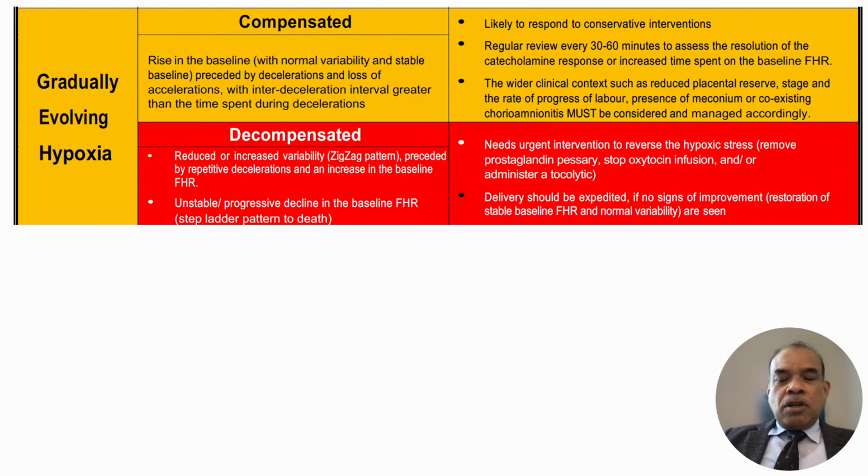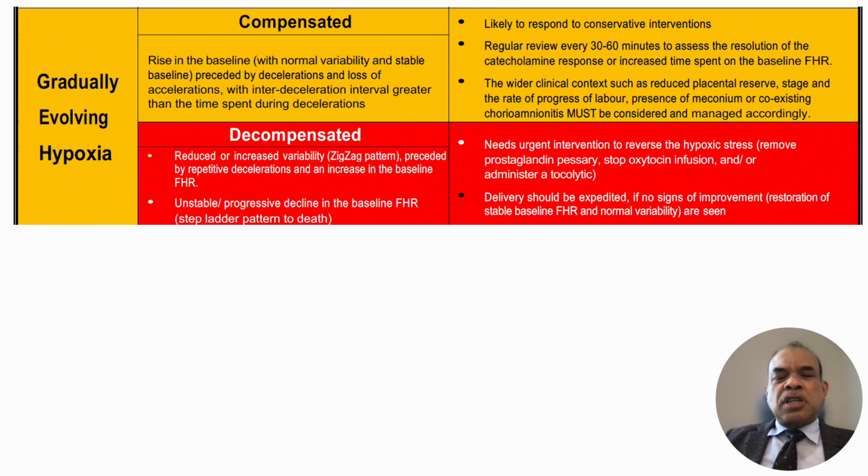Then we also have a gradually evolving hypoxic stress. This is the commonest hypoxic stress faced by human fetuses, and that's because human labor is about 8 to 10 hours on average, and the stress usually evolves slowly.